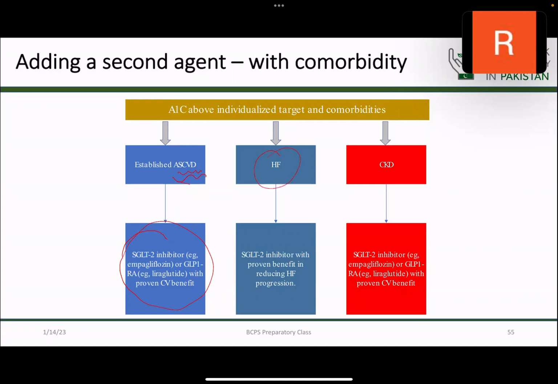If the patient has heart failure, then definitely sodium glucose transporter 2 inhibitors. If the patient has chronic kidney disease, again sodium glucose transporter 2 inhibitors or GLP-1 agonists. These have proven benefits in cardiovascular disease as well as in chronic kidney disease. So they are preferred as second-line agents in patients who have comorbidities with diabetes.